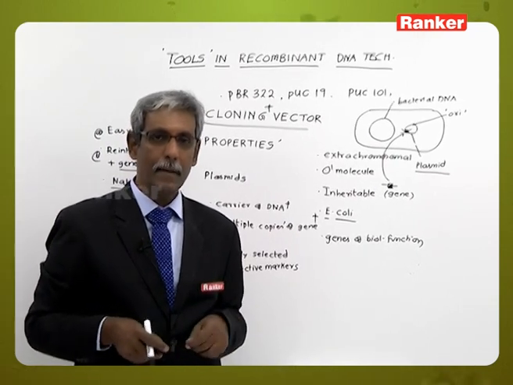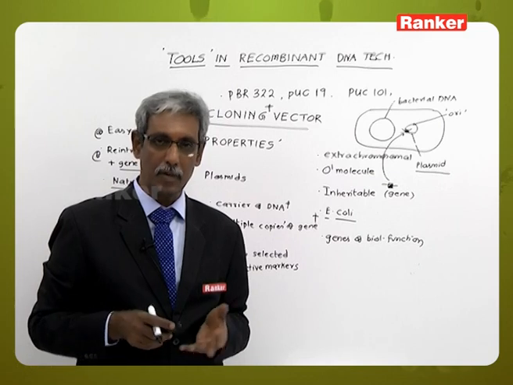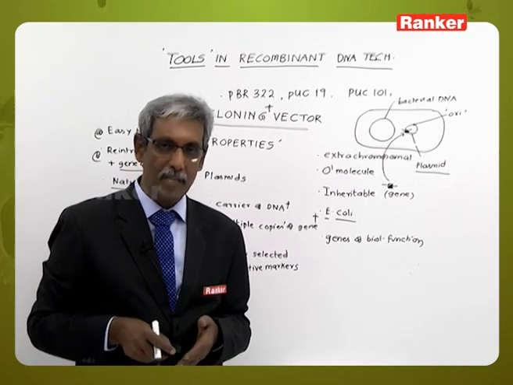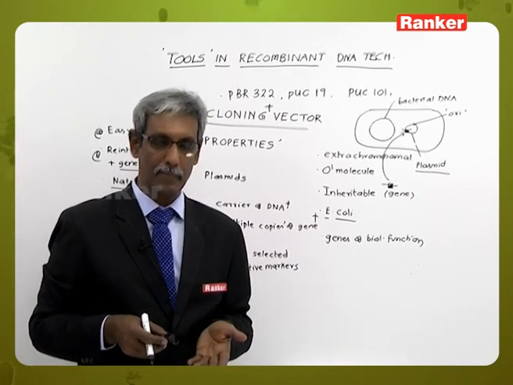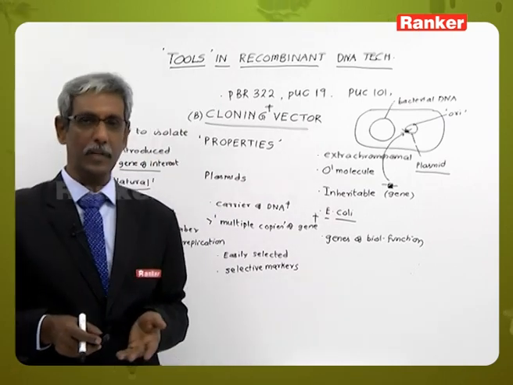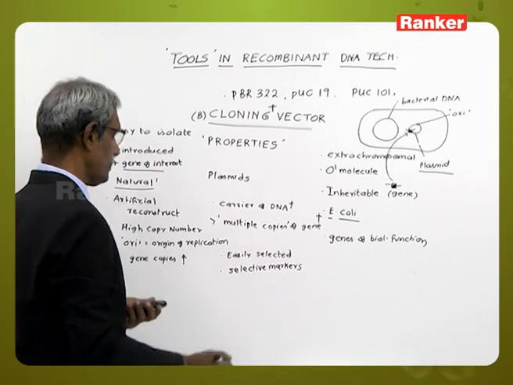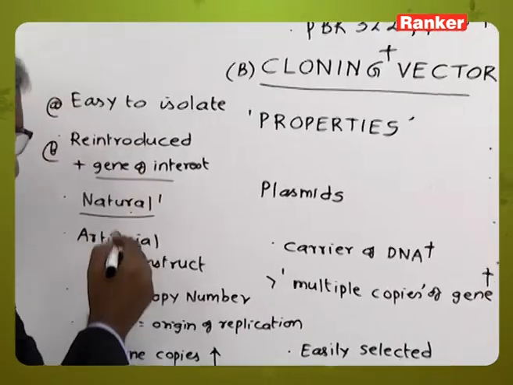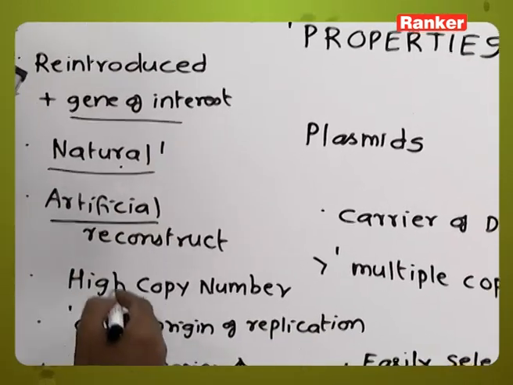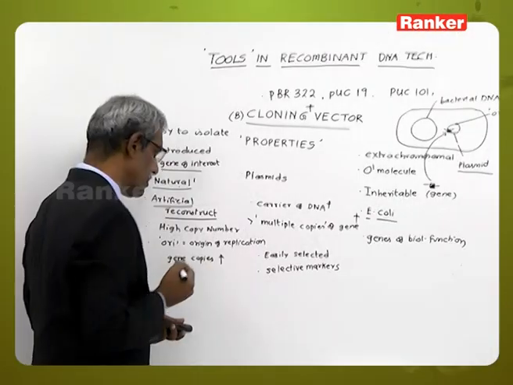You can stitch them and develop an artificial plasmid. So, an artificial plasmid is nothing but a reconstructed plasmid, which is done in vitro, that is in the lab, and later placed into a bacteria. So, plasmids can be natural, or they can be artificially reconstructed.